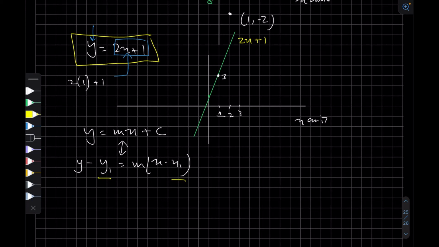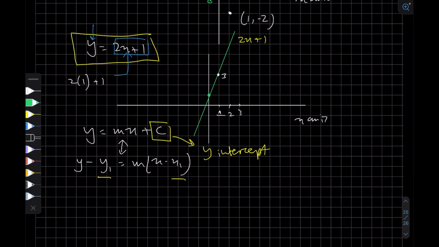Now when you look at y equals mx plus c, this thing is called the y-intercept, right? The y-intercept is the point at which the line intersects the y-axis, right? So this green point over here, which turns out to be 0, 1, is the y-intercept of this line right over here, right?